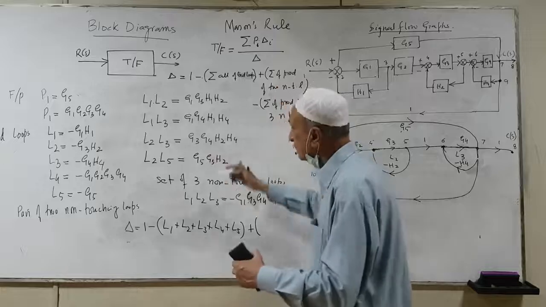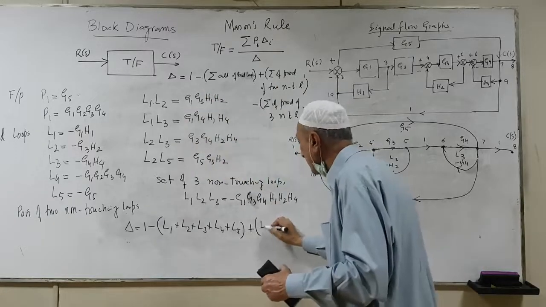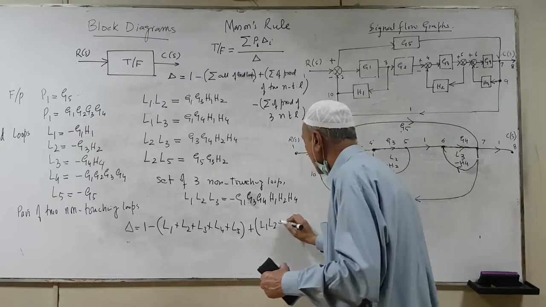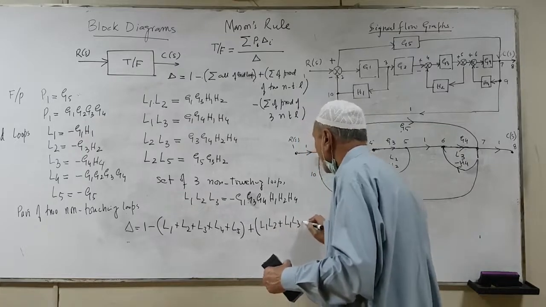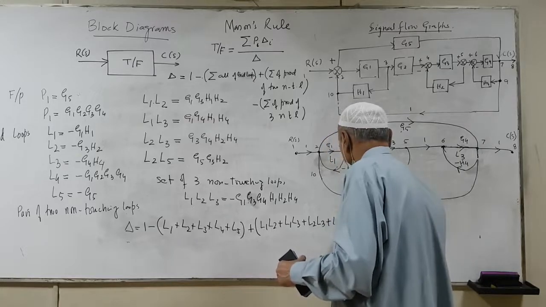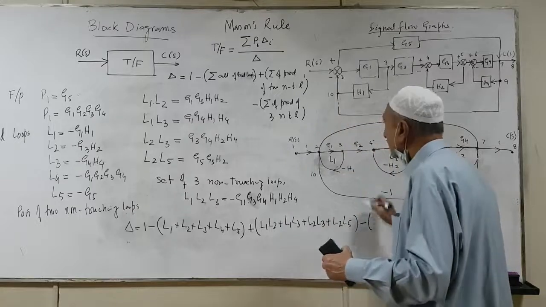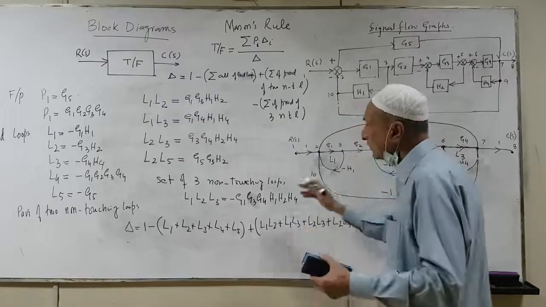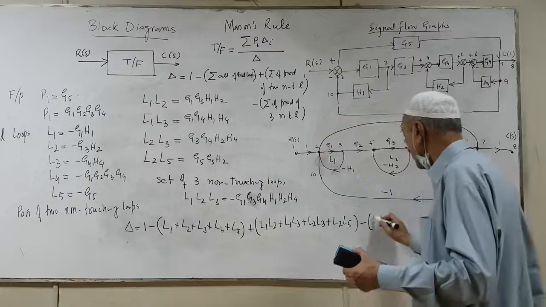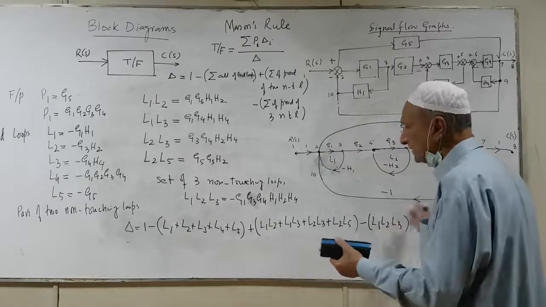We have already obtained the product. So the sum of the product will be L1 L2 plus L1 L3 plus L2 L3 plus L2 L5. Then minus the sum of the product of three non-touching loops, which is L1 L2 L3. There is only one set, not any other set.